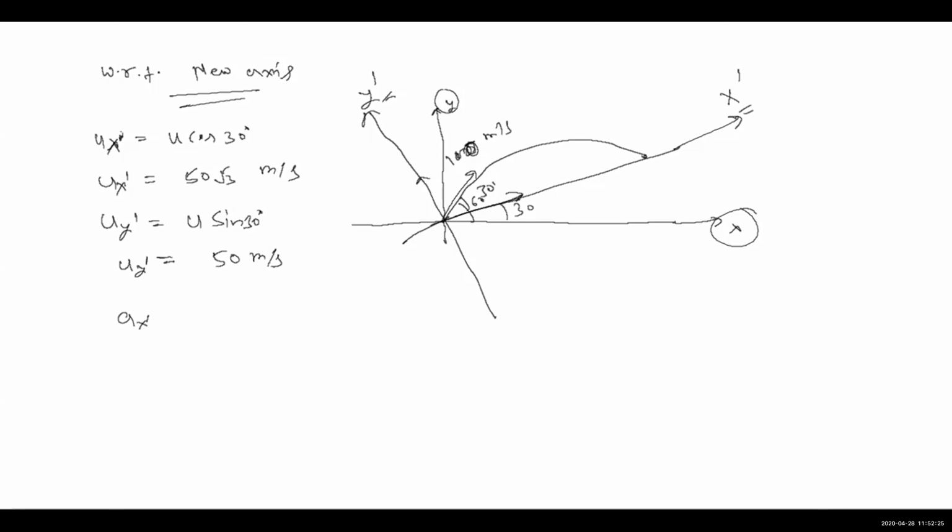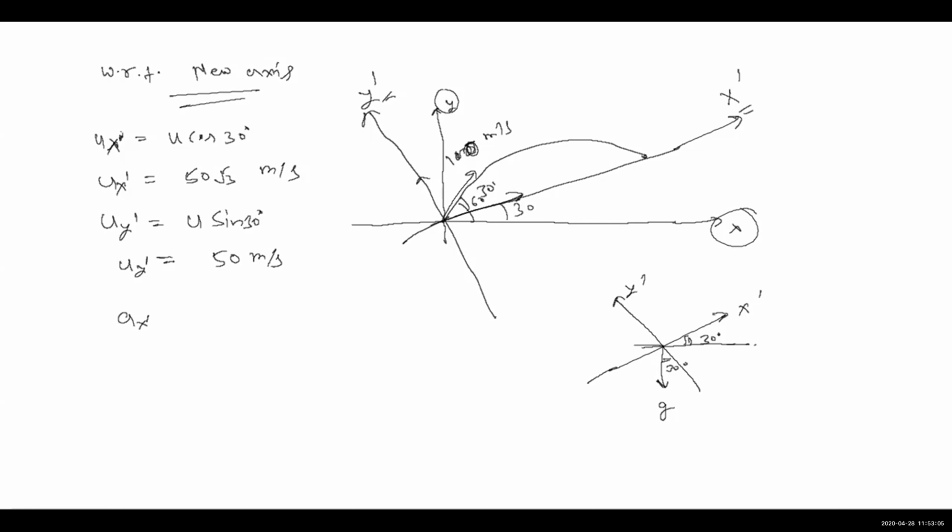What about Ax dash? Will it be 0? No, it will not be 0. The acceleration is g; net acceleration is g, and this is our new x dash and y dash. Previously the component of g along this direction was 0, but now this is my x-axis, so g will have a component along this.